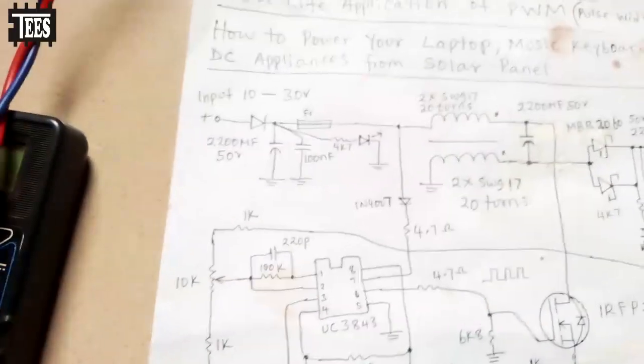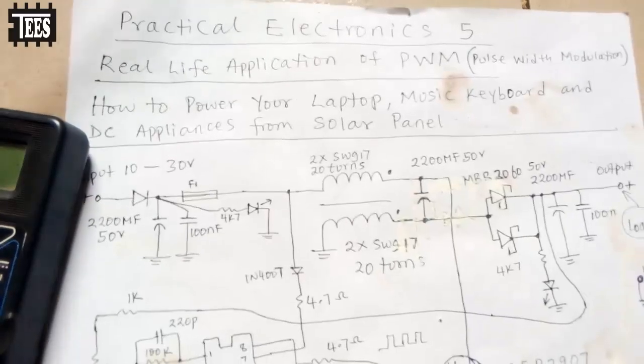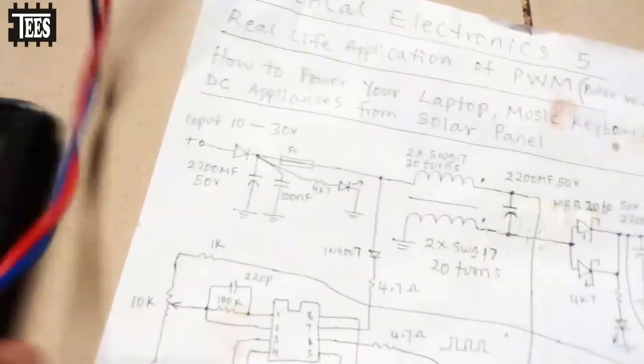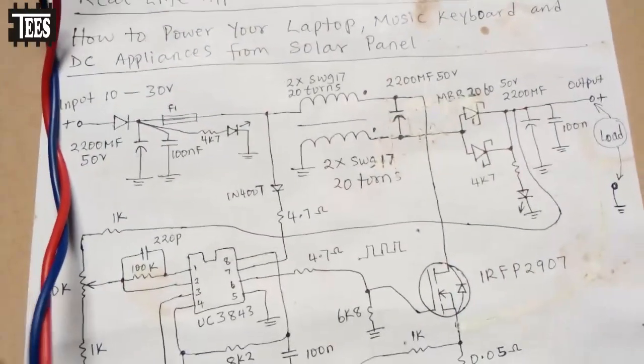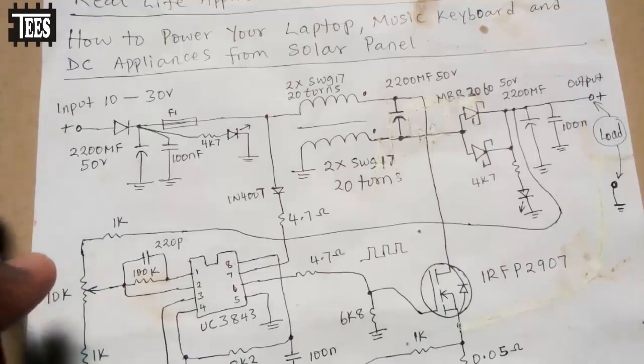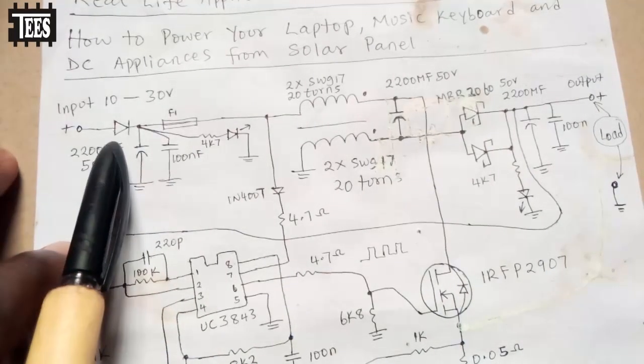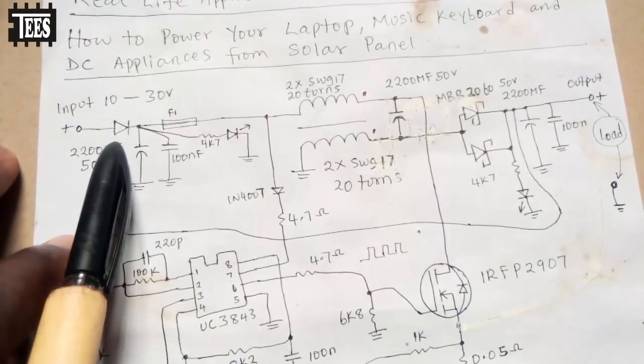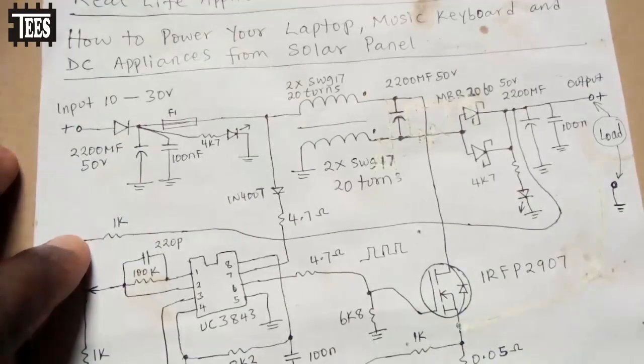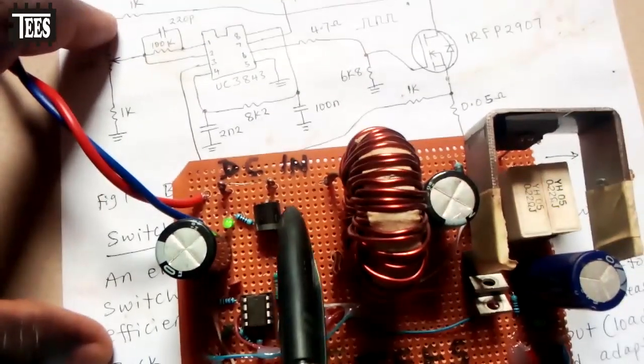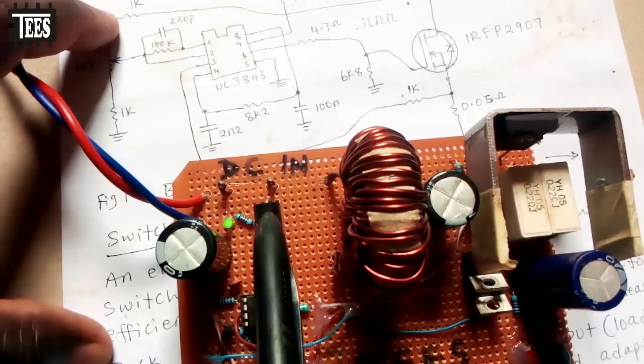So let's go to the circuit diagram. If you look at our circuit diagram, this is our diode. Look at the diode there. You can see the diode.